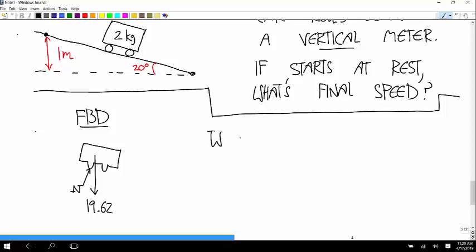The total work is the work done by the normal force plus the work done by gravity. Well, this is a rolling or sliding problem, so this one always goes away. So all we have to do is figure out the work done by gravity.